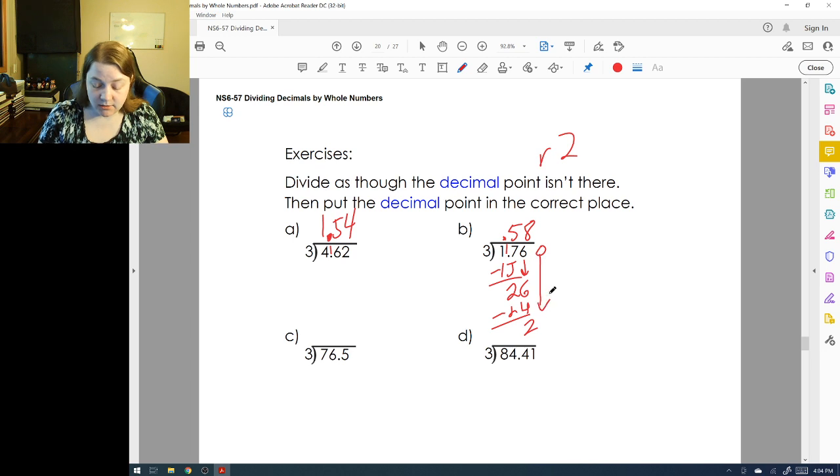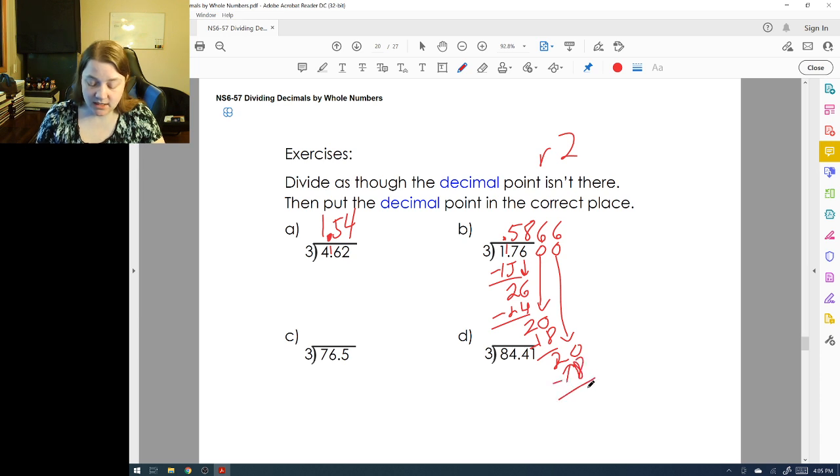Bring down the 0. 3 goes into 20 6 times. 3 times 6 is 18. That's going to leave us with 2 left over. Bring down the 0. 3 goes into 20 6 times. 3 times 6 is 18. And you're going to see that we're going to continue on with this pattern.